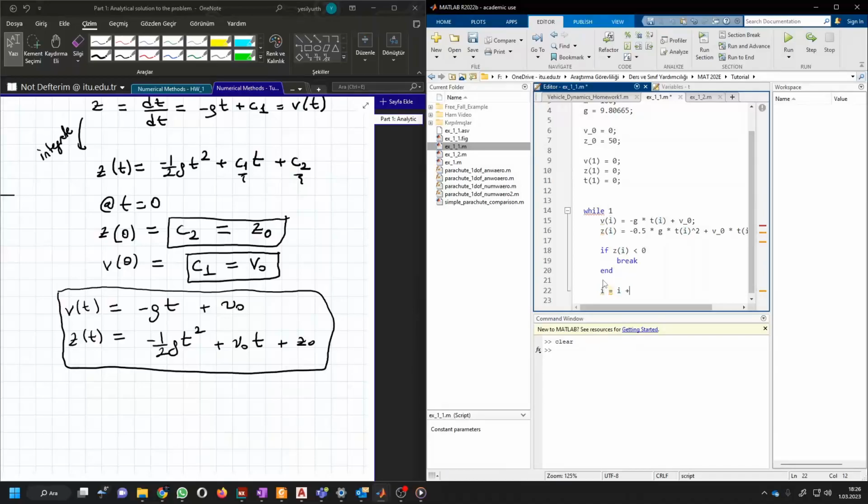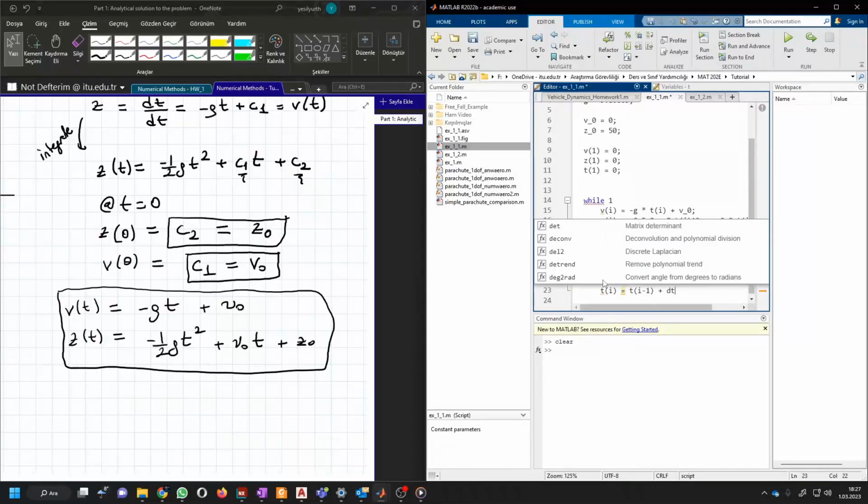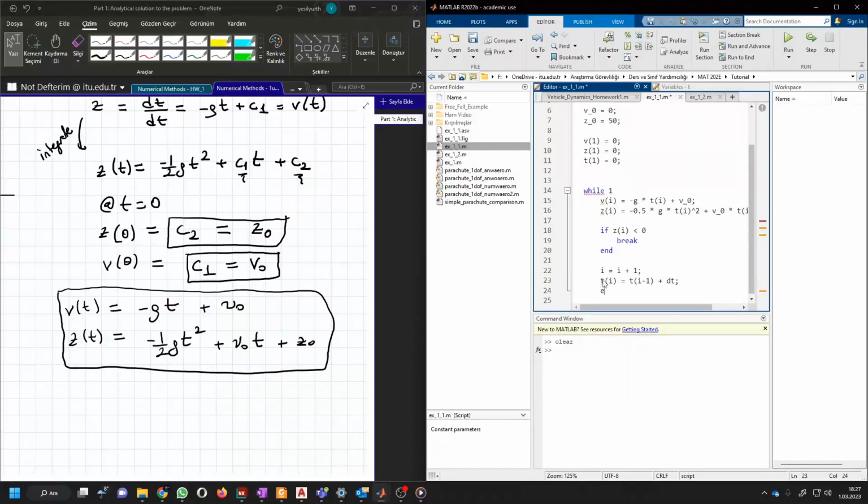I will be I plus 1 and ti will be ti minus 1 plus, let's say, dt. I forgot to declare my I variable and dt variable. So let's initialize I as 1 and dt as 0.001 for this problem.